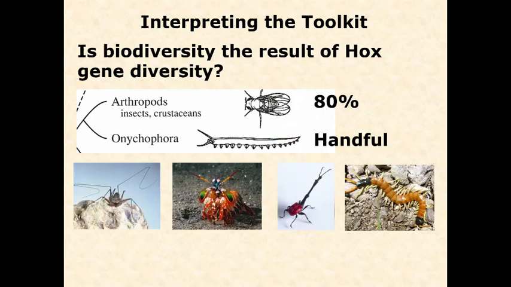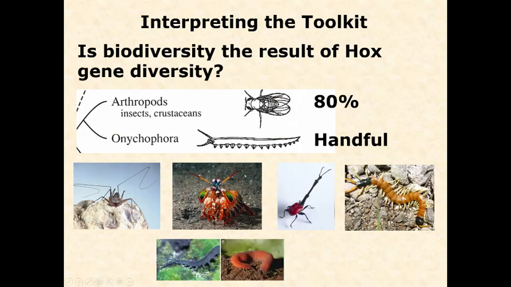Here's just some of that arthropod diversity. Aren't these guys gorgeous? This you might recognize from the Harry Potter movie. This is a vinegaroon or whip scorpion type of arachnid. This is a crustacean, a praying mantis shrimp. We've got a giraffe beetle here and a centipede, right?